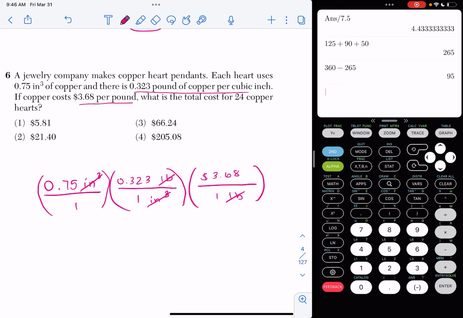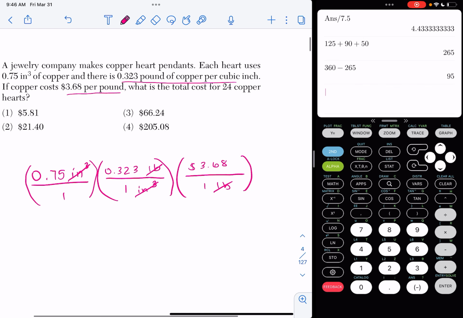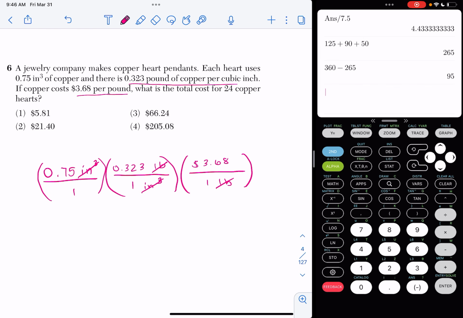Anytime there's a unit on top and bottom, they disappear, or we can say cancel, because basically those are equal to 1. Think about, for instance, if you have 5 divided by 5, we cancel that and say that's 1. That's basically what we're doing here. And so this would give us the cost for 1 copper heart, but we know that we need 24 of them, so I'm going to multiply by 24.